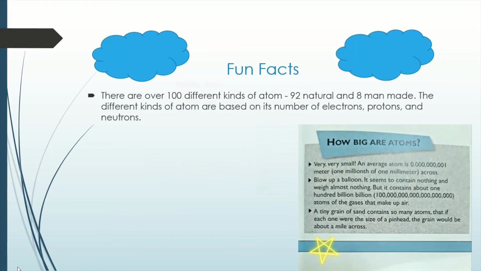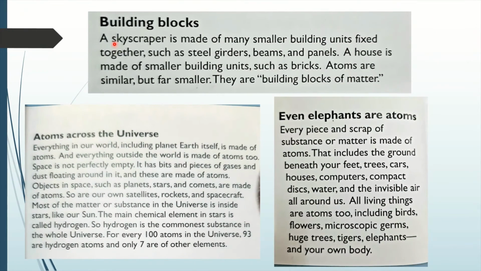Building blocks. As we said before, atoms are building blocks. A skyscraper is made out of many smaller building units fitted together, such as steel girders, beams, and panels. A house is made up of smaller building units, such as bricks. Atoms are similar, but far smaller.